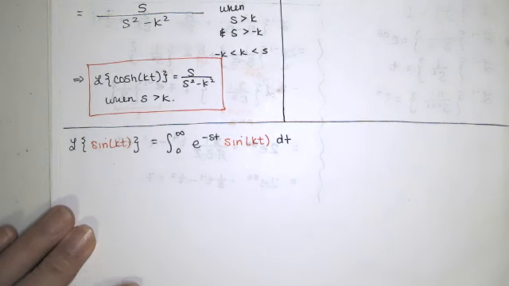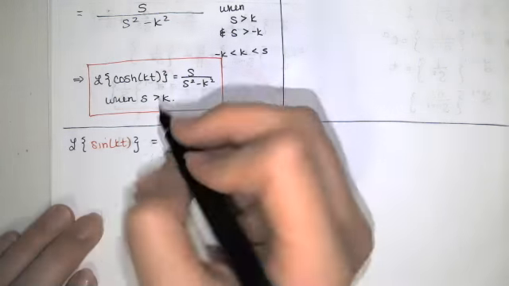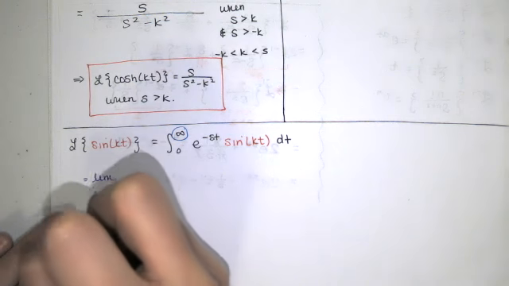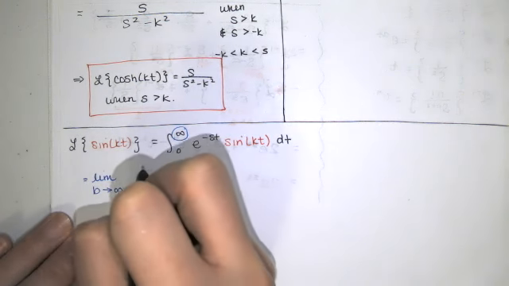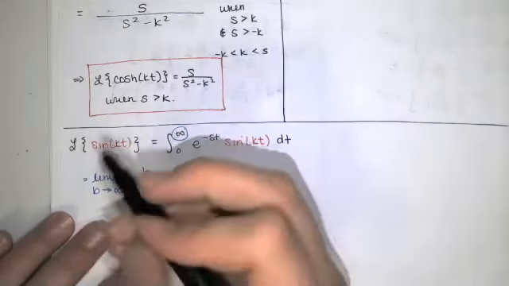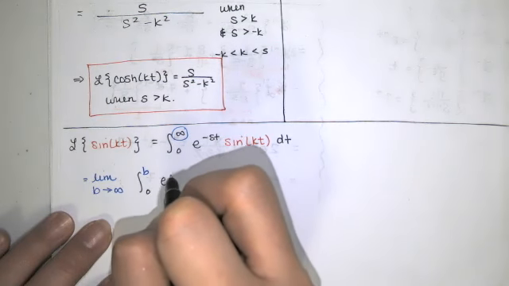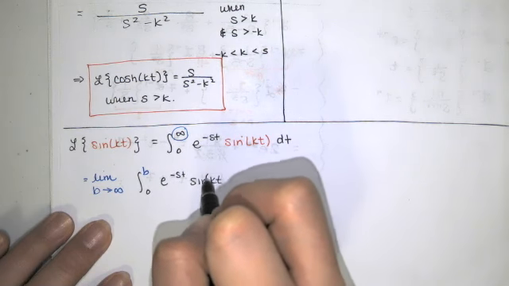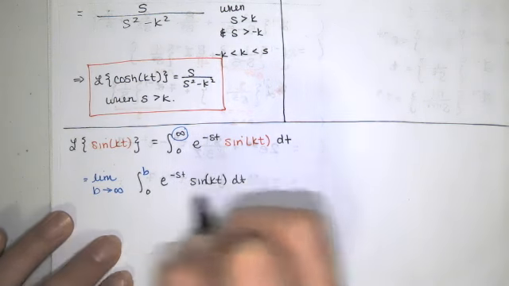Now, since this is an improper integral, the first thing we always do is write it as a proper integral. The issue happens at the upper limit, so we're going to take the limit as b goes to infinity of this expression right here, and then we'll evaluate this proper integral instead.